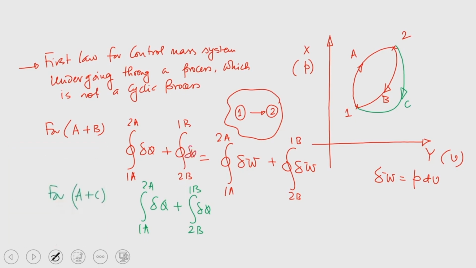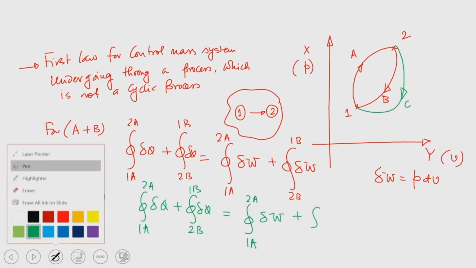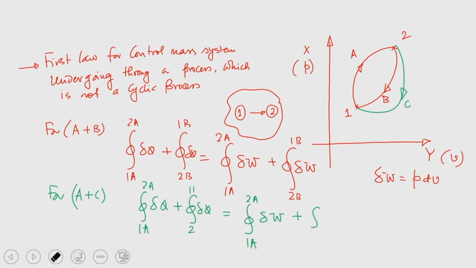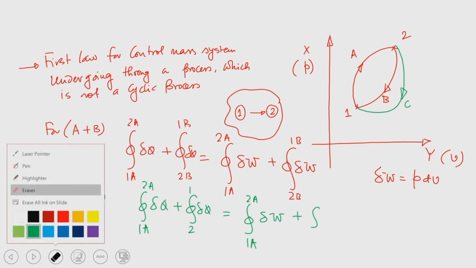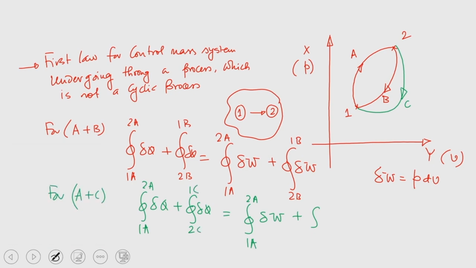This is equal to the contour integral, because these are path functions, from 1A to 2A of delta W. It is not 2B, again I should write it is 2C, and then 2C to 1C of delta W. So, this is the expression.